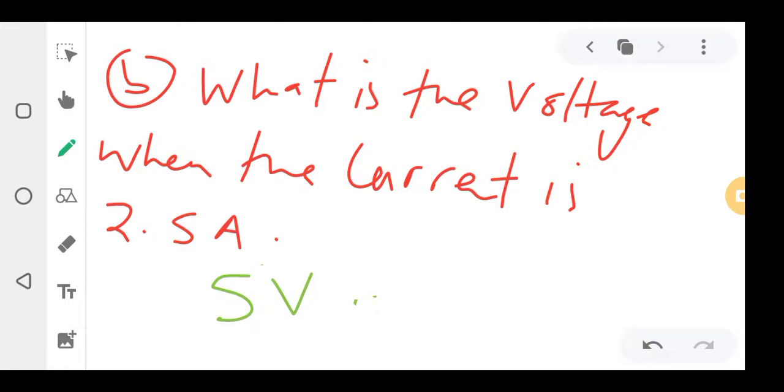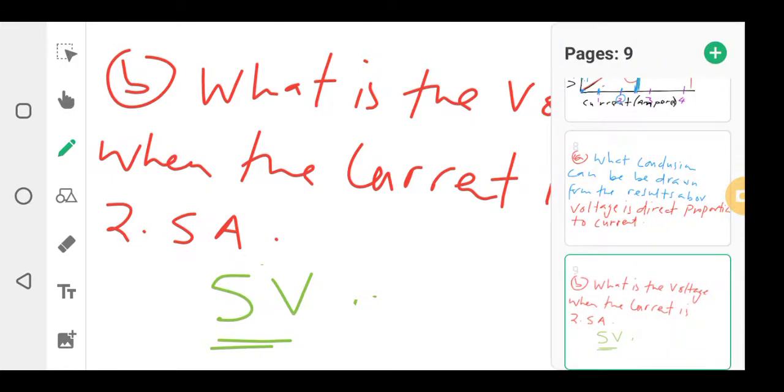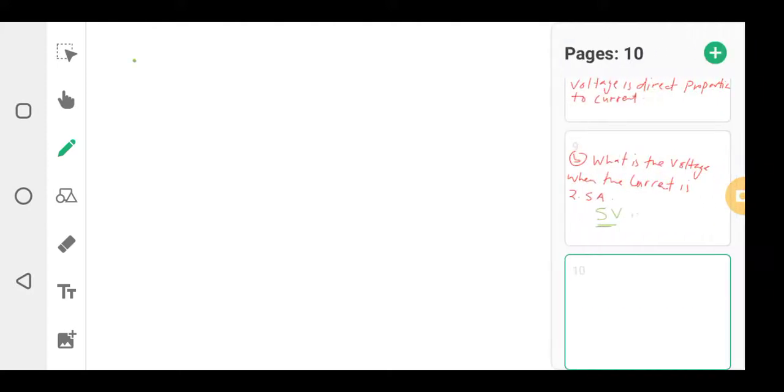Pick the answer that you get using your own diagram, because my diagram is not drawn to scale. I'm just teaching you how to do it. That was question B. Now we go on to question C.